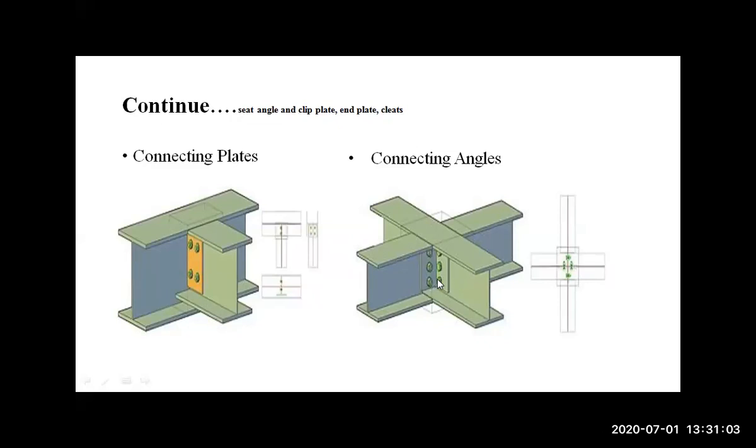The holes are prepared and bolts are inserted into the angle and member and connected by the bolt. Are you getting? If you see these two pictures, you can imagine we can use the plate and angle for connecting different members in our steel structure.